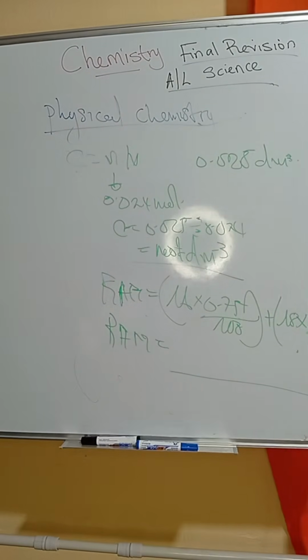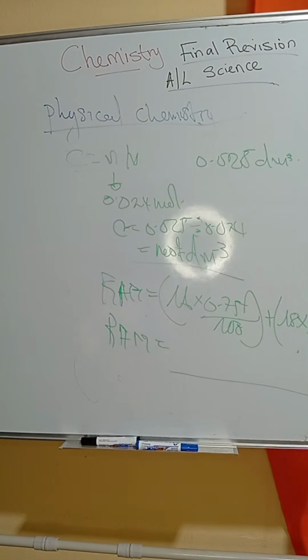The student suggests dividing the mass of oxygen-16 by the total grams times 100, then doing the same for the 18. Okay, do it the same way. Let's see if it will not bring you back to the same thing.